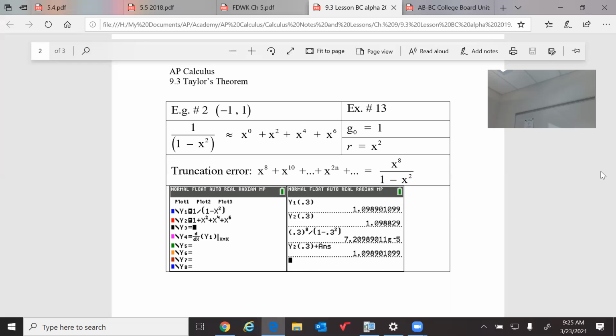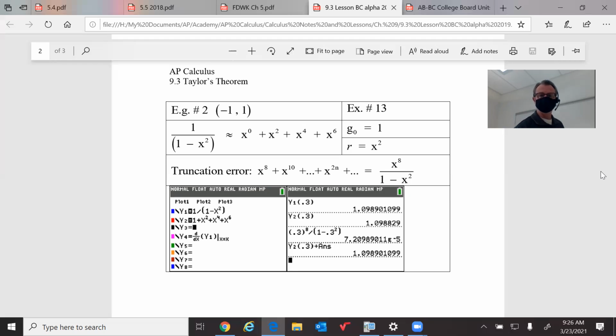Because this thing added to that as far as you got would give you that. So I went to the calculator and I said, all right, what are they asking for in example 2? You want the error at 3/10.